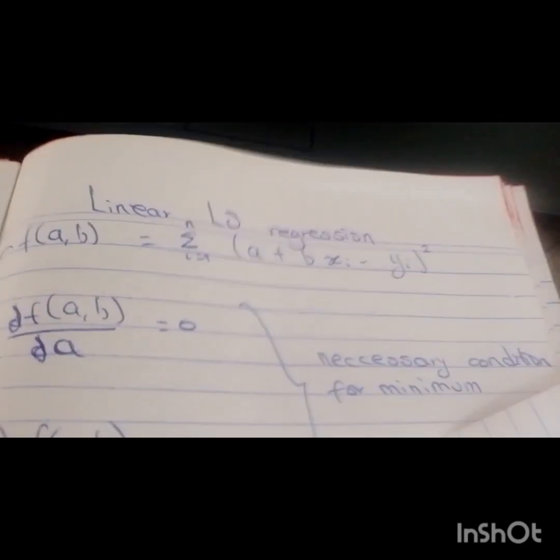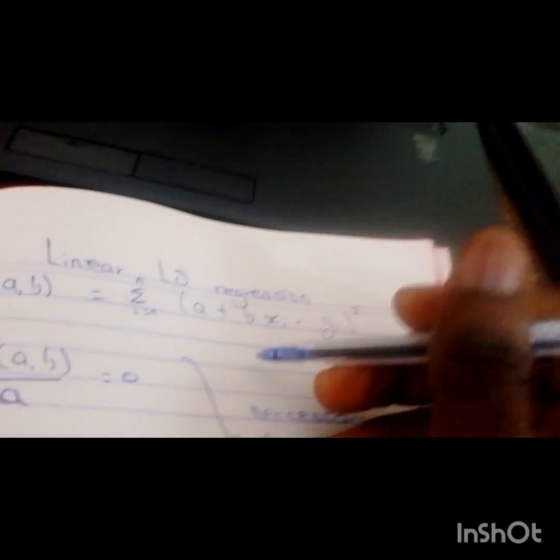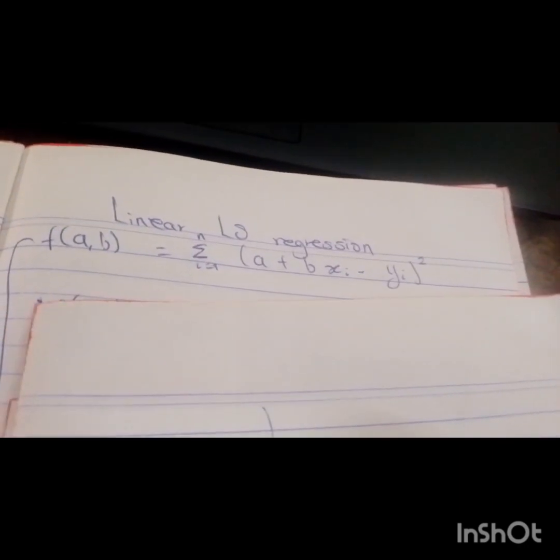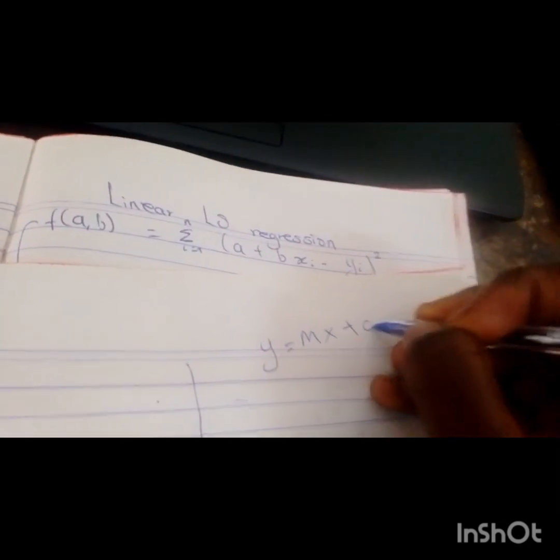Okay, let's take it step by step. From the example we made, all linear graphs can be explained with something like this.